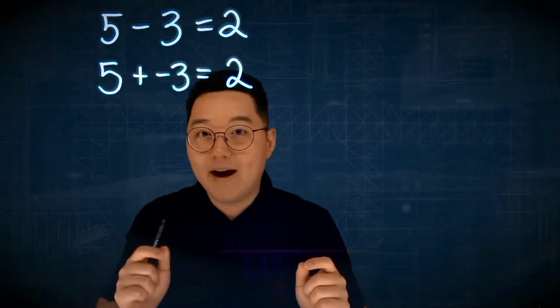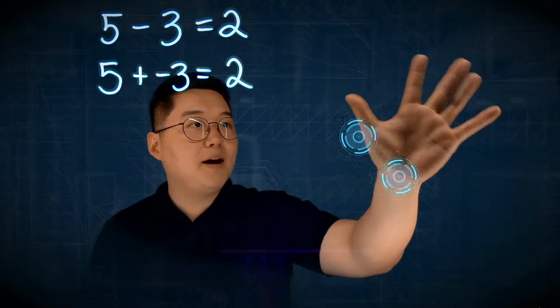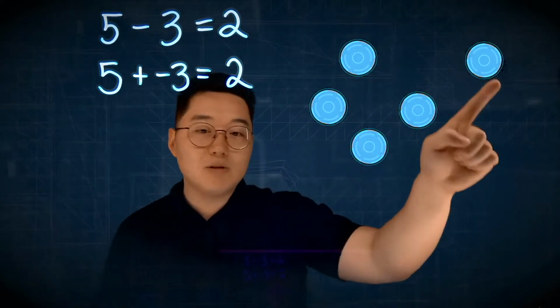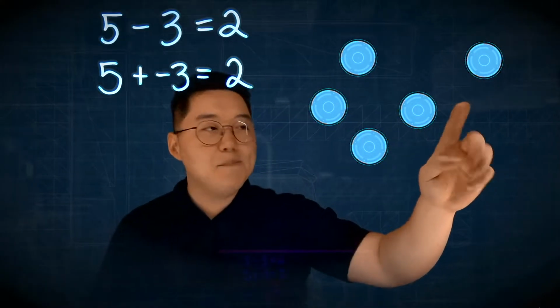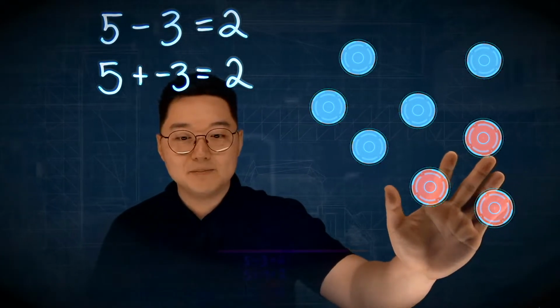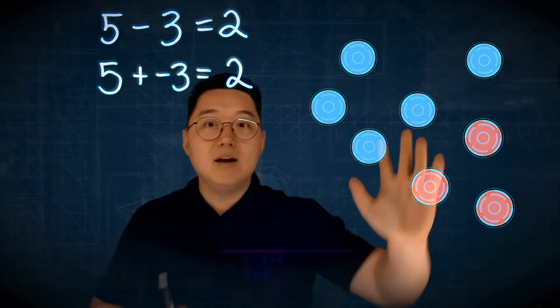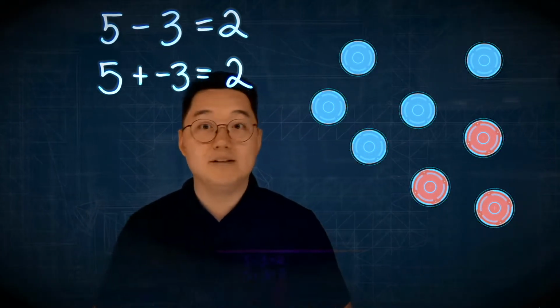Now here's why 5 plus negative 3 is 2. Suppose I have 5 positive circles. Blue represents positives, and then I'm going to combine it with 3 negatives. When they combine, something cancels out.